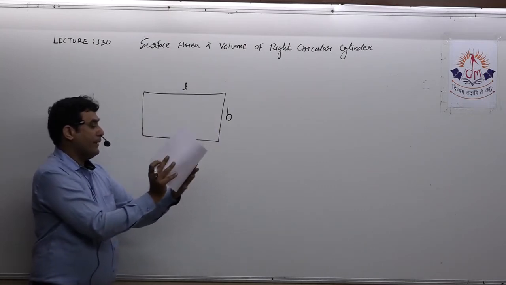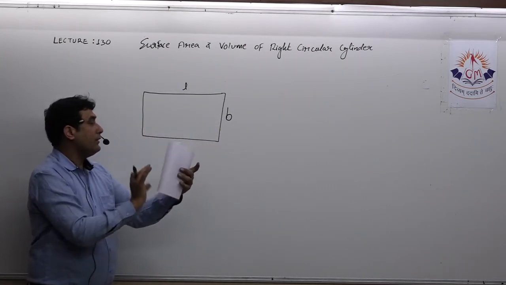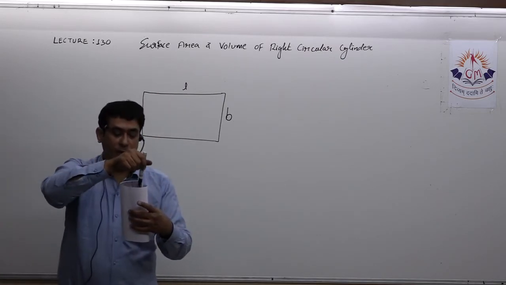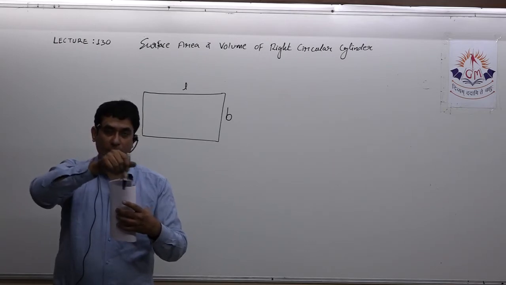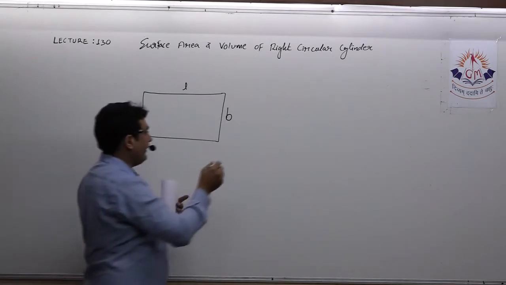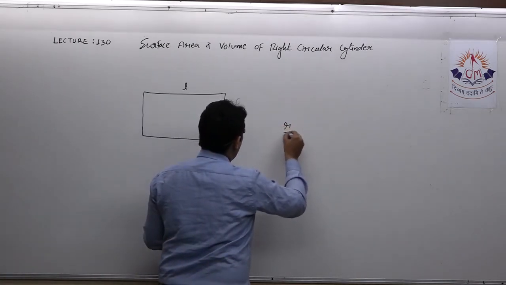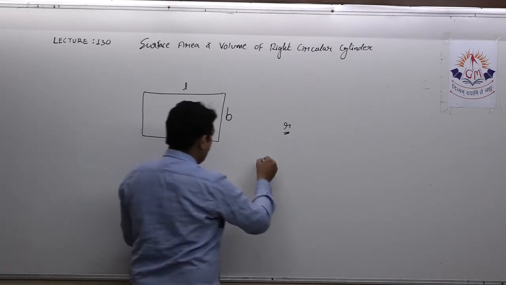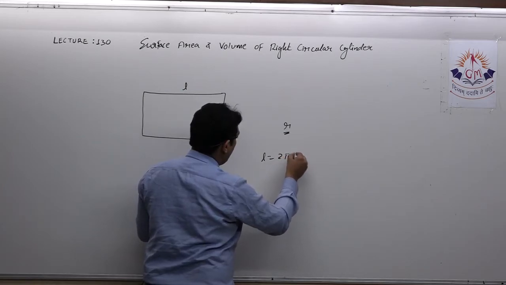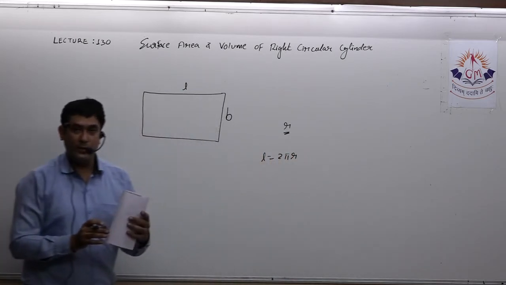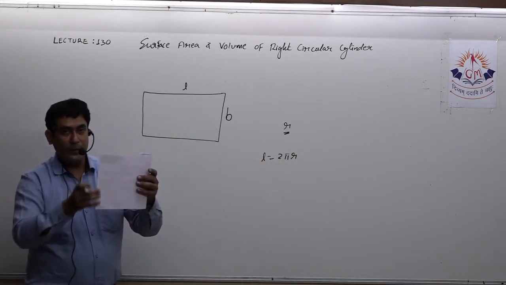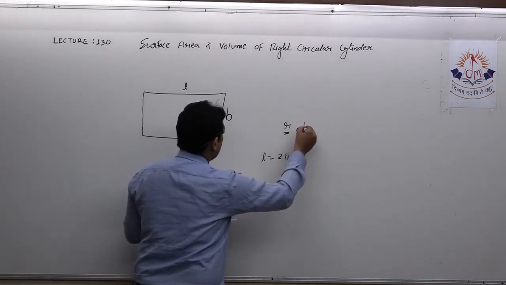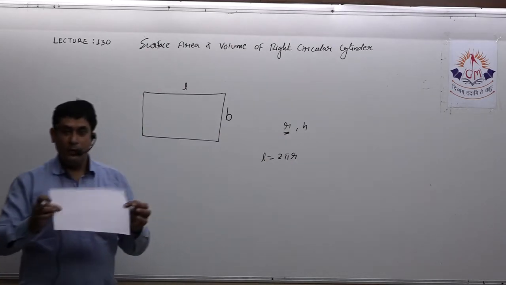When I make a cylinder out of this, the length actually becomes the circumference of the cylinder. Now if I say the radius of this cylinder is r, then L becomes 2 pi r, isn't it? And whatever is the breadth of the rectangle actually becomes the height of the cylinder.